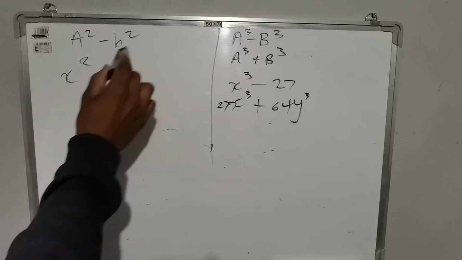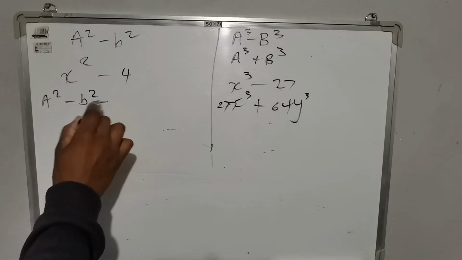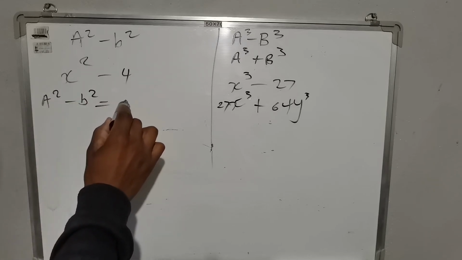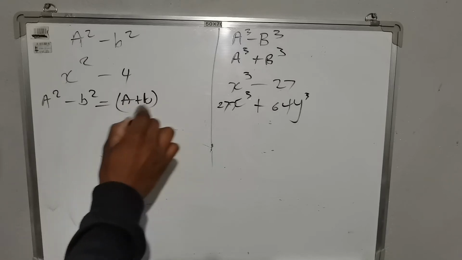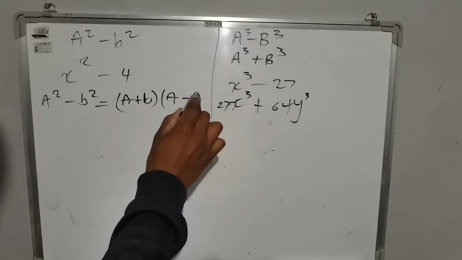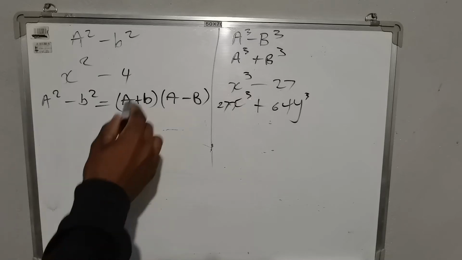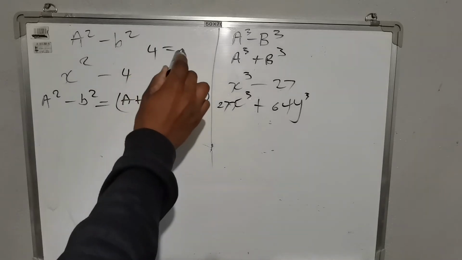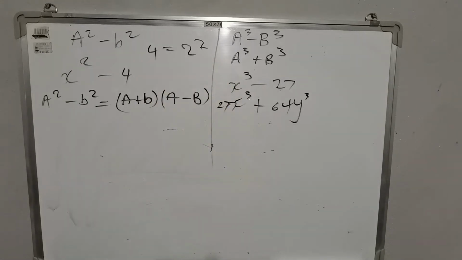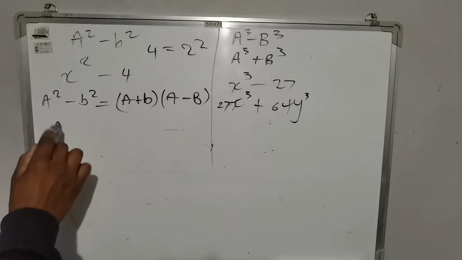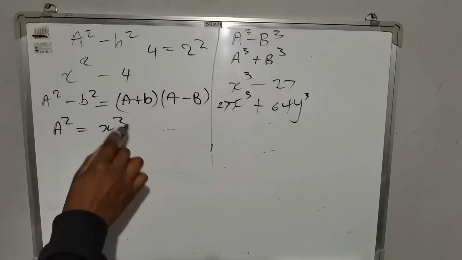This is equal to a squared minus b squared is equal to a plus b, a minus b. So on this equation, you must remember that 4 is 2 raised to 2. Or you must remember that a squared is equal to x squared.